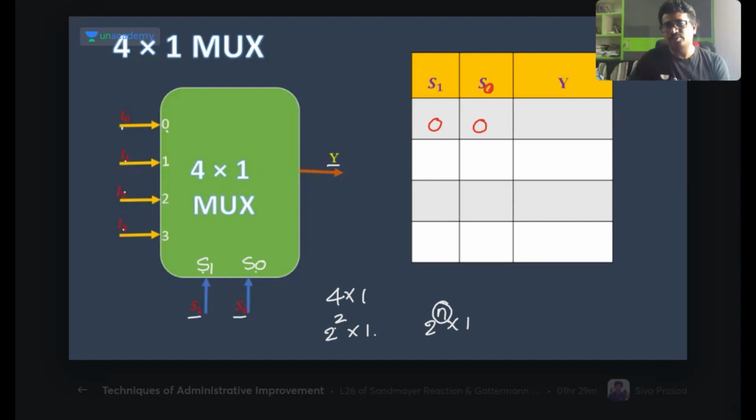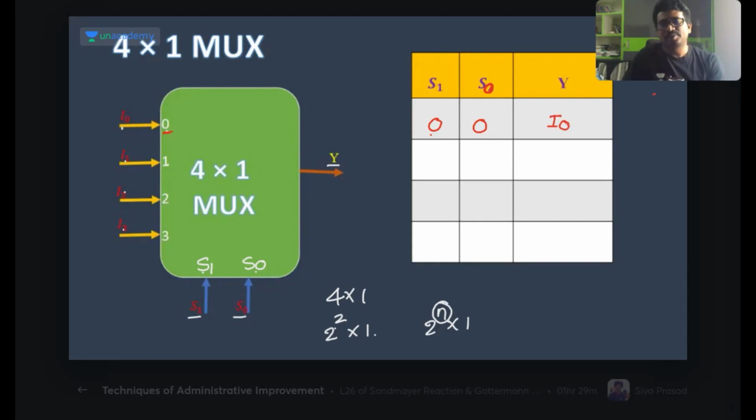When both are 0, 0, what happens here? What is the decimal equivalent of 0, 0? 0. Which input is connected to 0? I0 is connected. So this output I will get as I0.